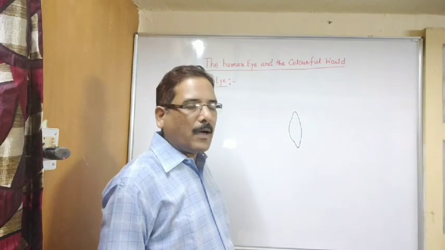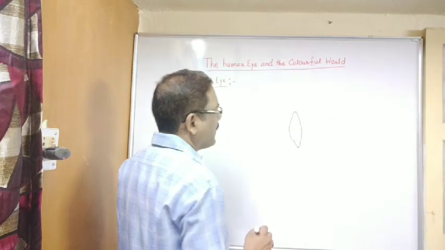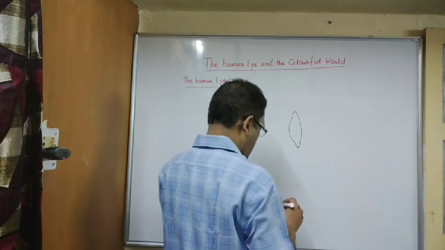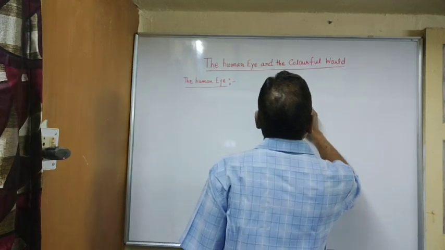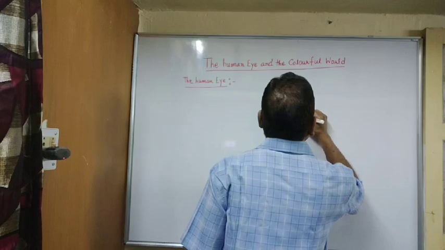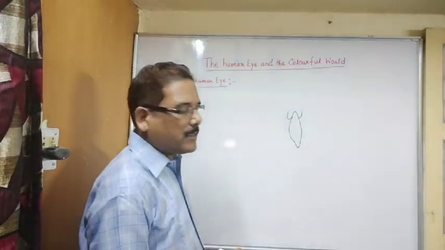So draw an eye lens, then draw the ciliary muscles. Like this.